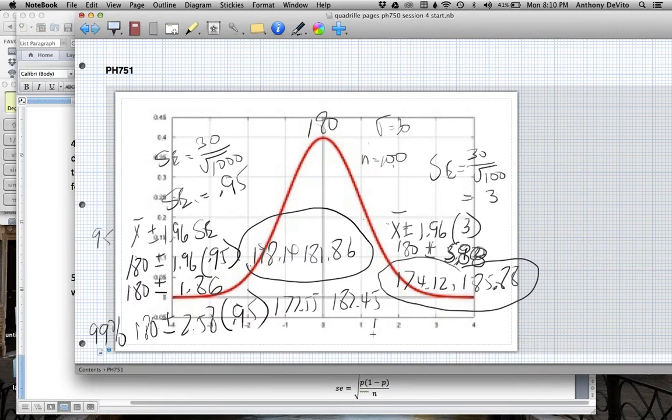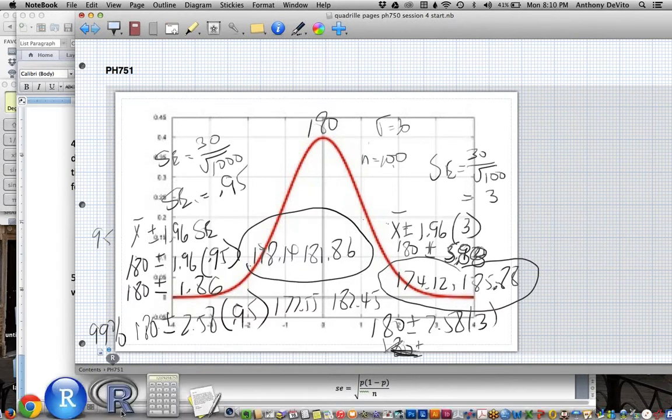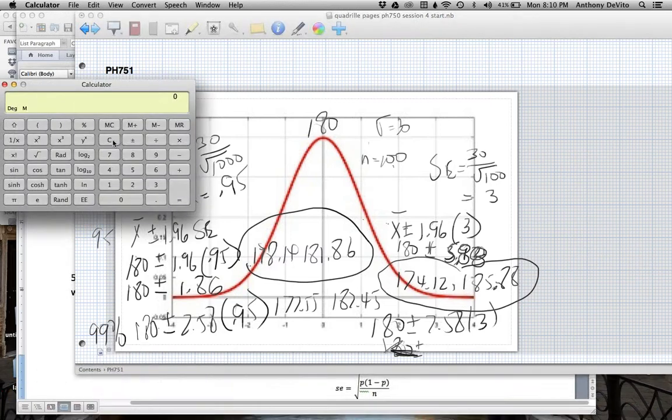Okay, and for the 99% confidence interval, we're going to do the same thing. 180 plus or minus 2.58 times 3. Let's see what that's going to be. 2.58 times 3, and I'm going to store this in memory.